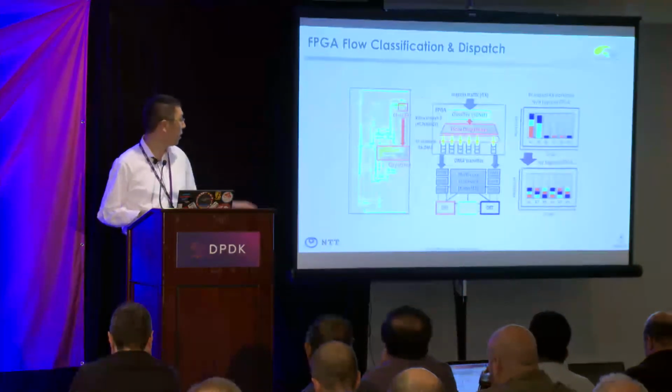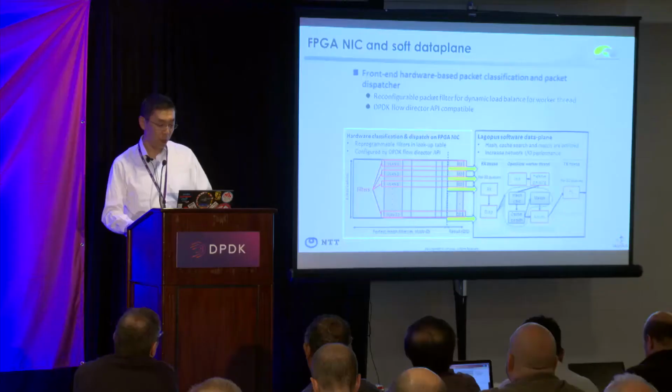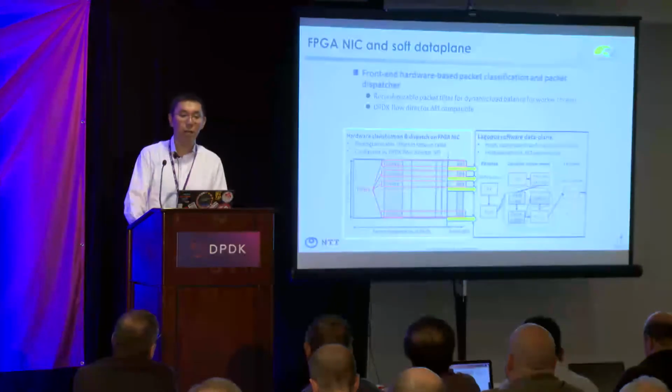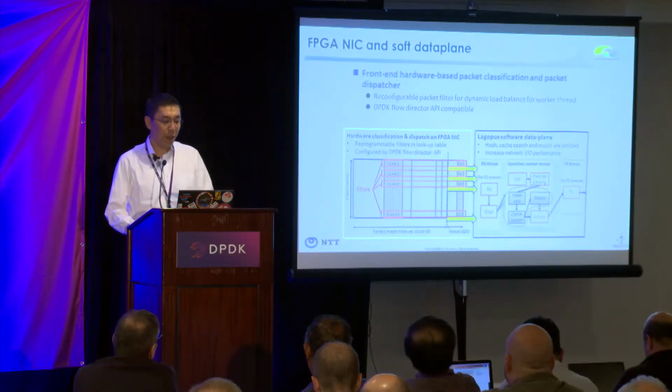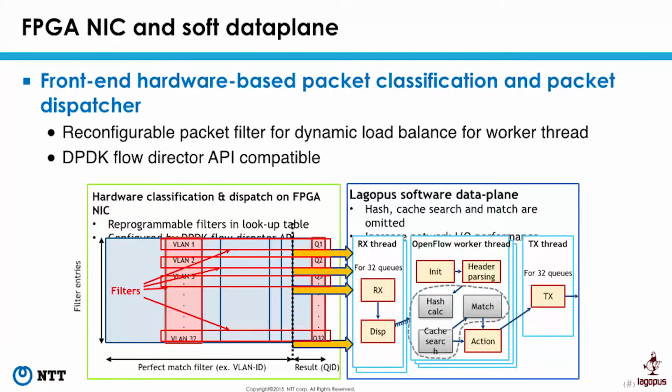So this is the ideal case of packet classification and packet dispatching to the physical queues. And also, we extend the front-end hardware-based packet classification and packet dispatcher for the post-processing.